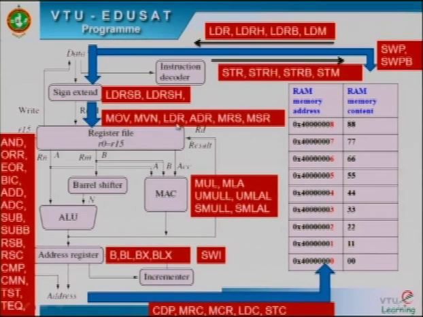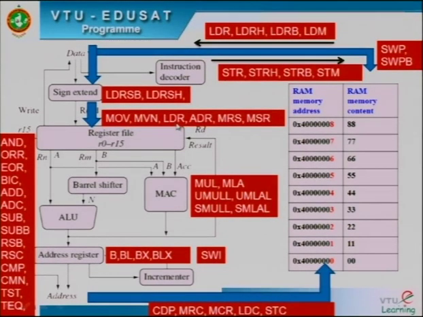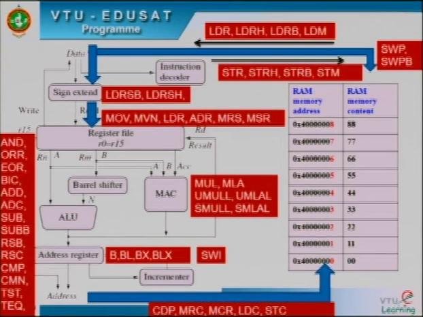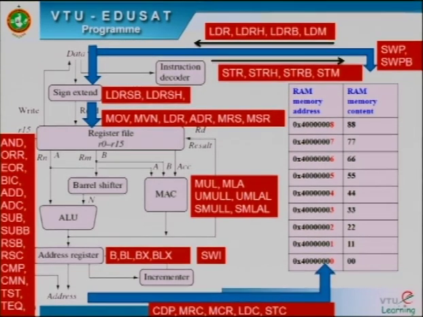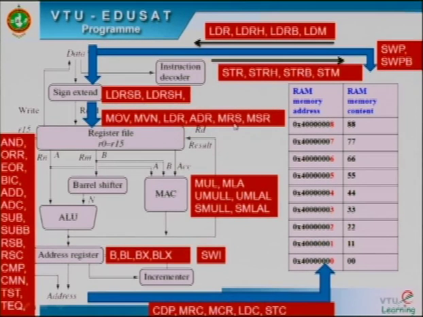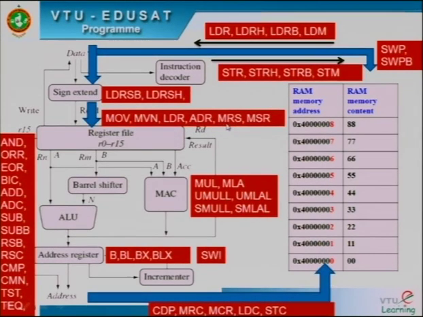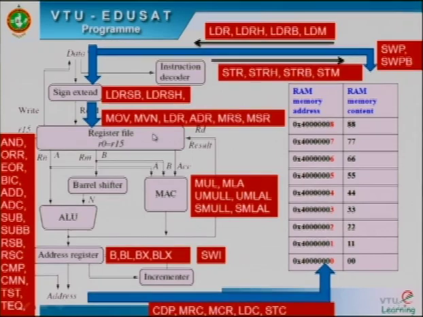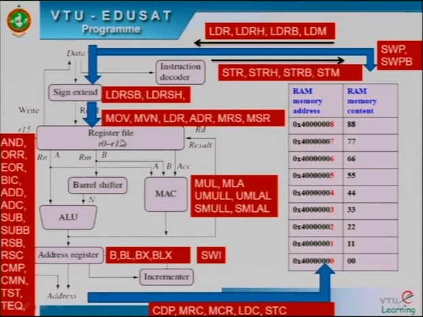The LDR instruction here is for moving a 32-bit constant value to the register file. The ADR instruction is for moving the label address to the registers. The MRS instruction is for copying the CPSR content to the register, and the MSR instruction is for copying the register content to the CPSR. So all these instructions are associated with the register file, because even the CPSR is one of the registers in this register file.